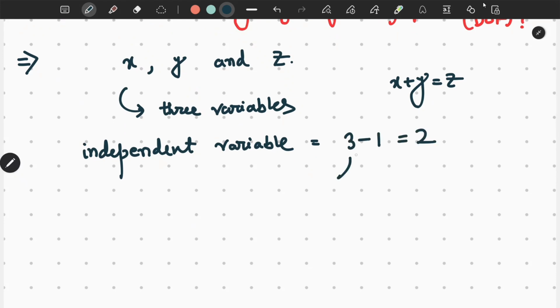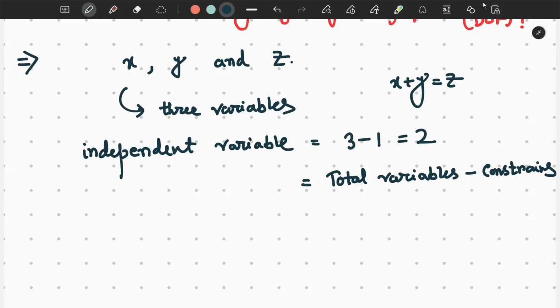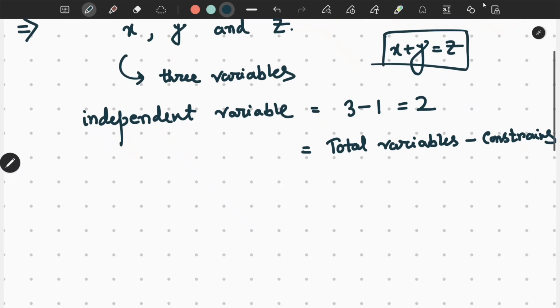3 minus 1 means this is essentially total variables minus constraints. How many constraints are there? Not constant, constraints. Here x plus y equals z. How can you understand this?